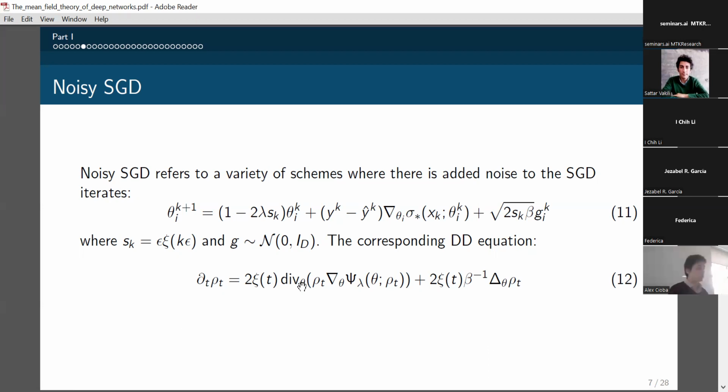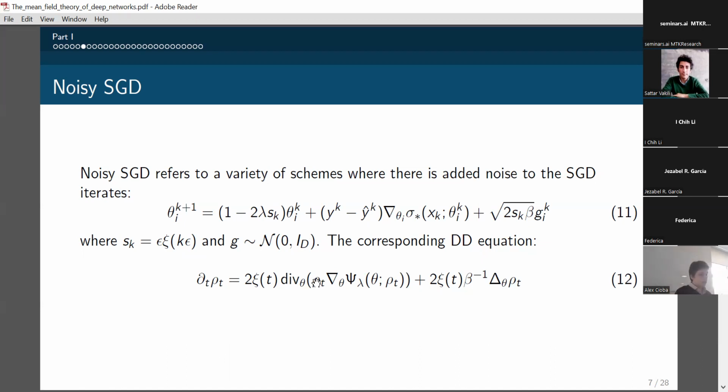dynamical equation resembles something that is actually fairly well known and extremely well studied, which is a type of Fokker-Planck equation where the coefficients themselves also have this extra dependence on the rho distribution of the weights.